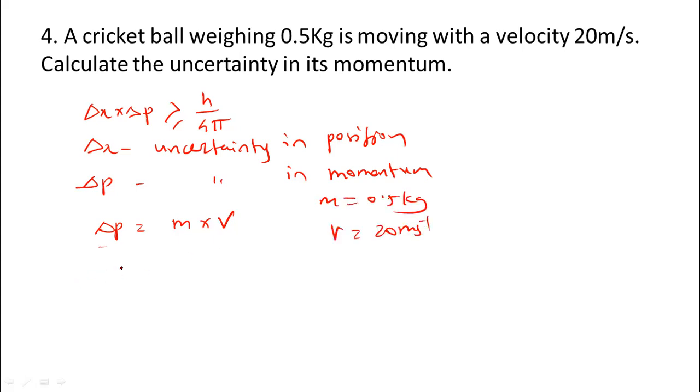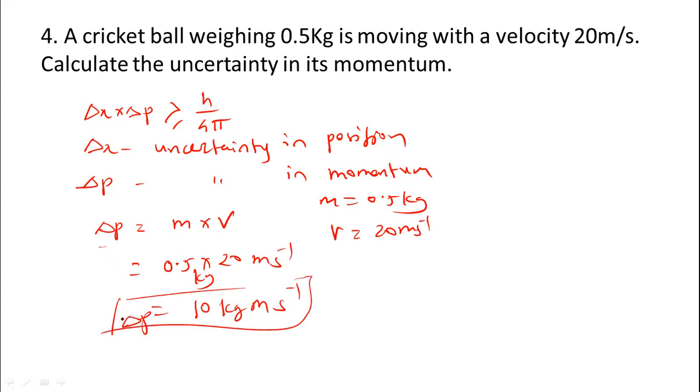So let us put in the values. The uncertainty in momentum is mass 0.5 kg into 20 meter per second. So 20 multiplied by 0.5 is 10. So 10 kg meter per second is the uncertainty in the momentum.